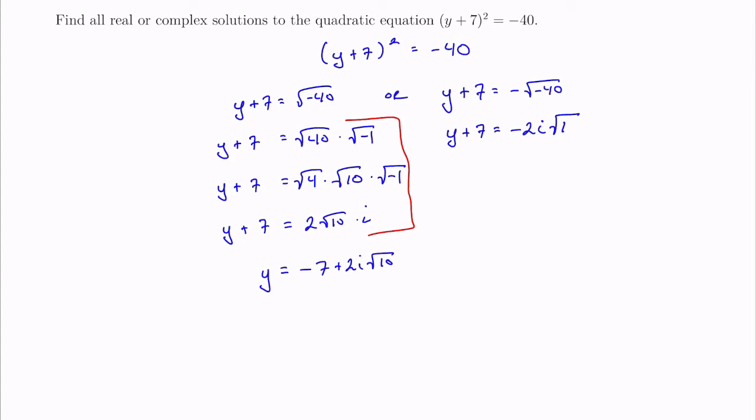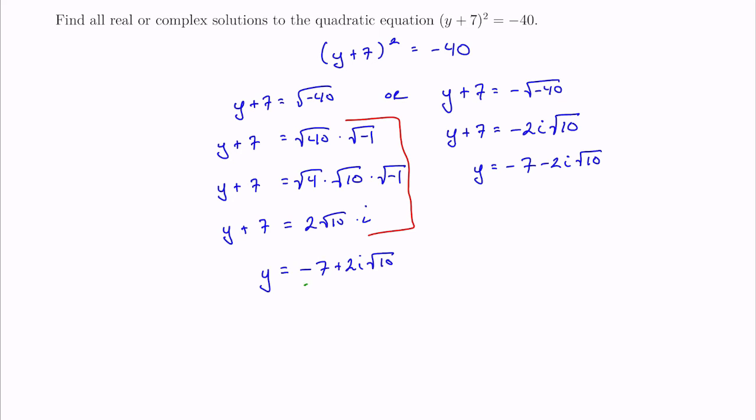All that occurred from going from that first line to the second line is the exact same simplification we've already done over on the left side of this page, and so there's no need to reproduce all of that work again. So the final step in solving this equation is to subtract 7 from both sides of the equation. So if we have y plus 7 equals negative 2i root 10, we'll then subtract 7 and end up with y equals negative 7 minus 2i root 10.